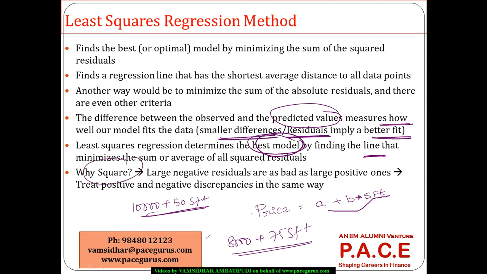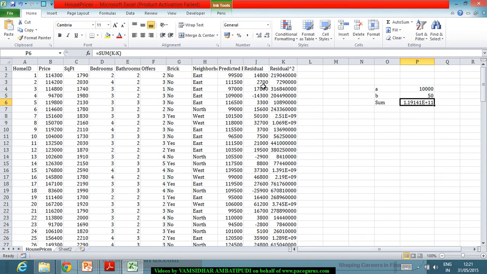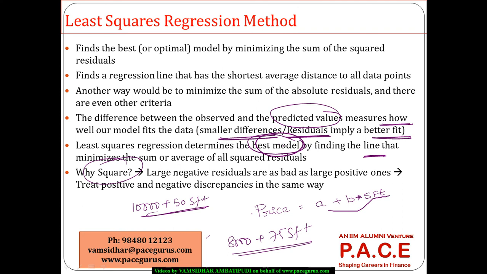And why are we doing the squaring? Because the negative or positive residual, both of them are equally dangerous. The big negative should not be offset against the big positive. Both of them should be magnified as error.